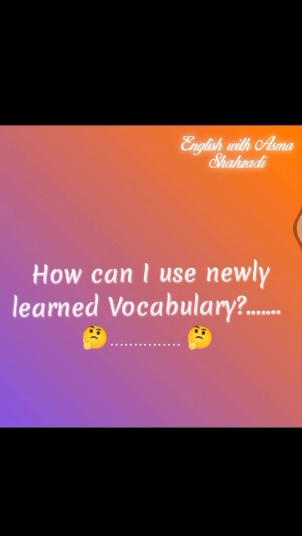In short, I can say, first learn the meaning of that word, then make one example, use that example again and again. After that, write it into your notebook. Then make those examples of different types in your daily conversation.